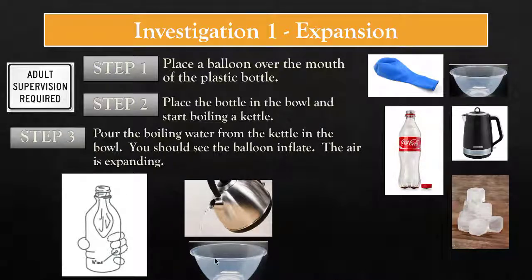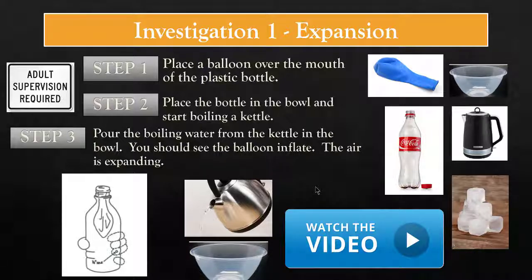Once you've done that, you can remove it from the hot water, and you can have another bowl with ice water in it, and you can put that bottle in the ice water. Let's watch a quick video just to see how this is done, and then we'll move on to making a thermometer.